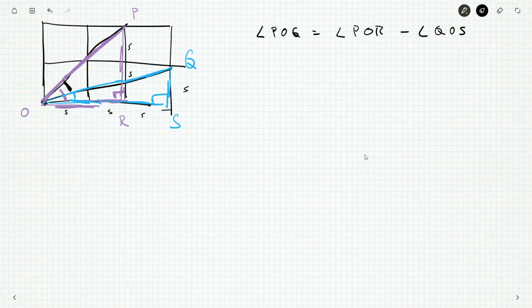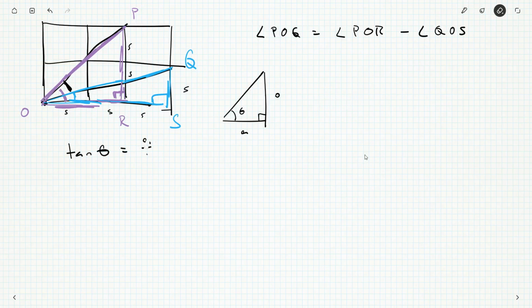Well, we have some trigonometry at our disposal. If I want this angle theta here, and I, for example, know the ratio of the opposite and adjacent sides, then I'll write this below here. Let's not let it get in the way of our calculations. Tan of theta is going to be opposite over adjacent.